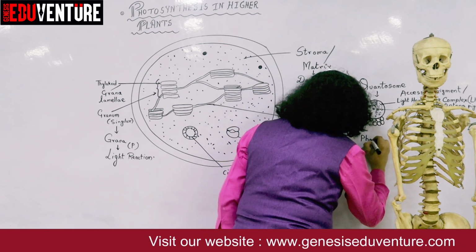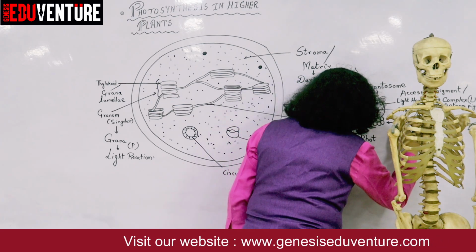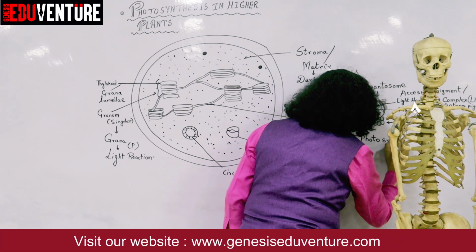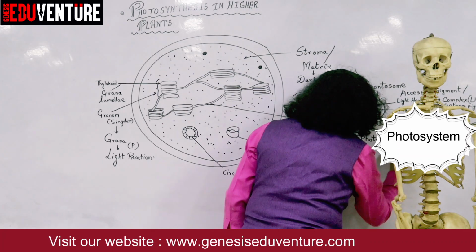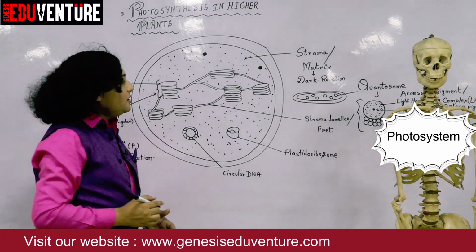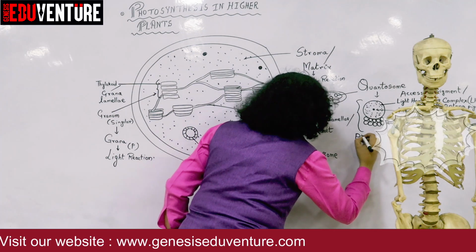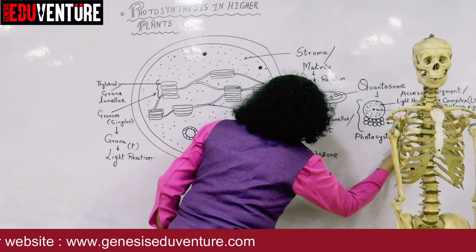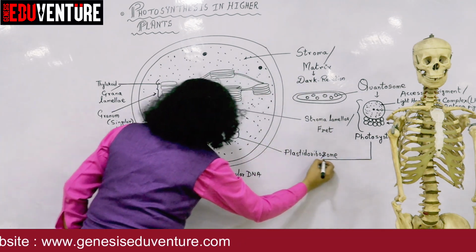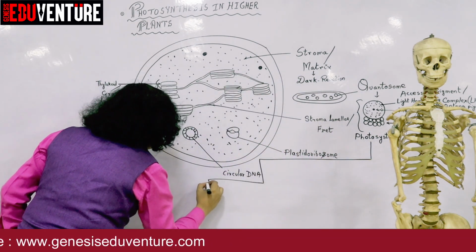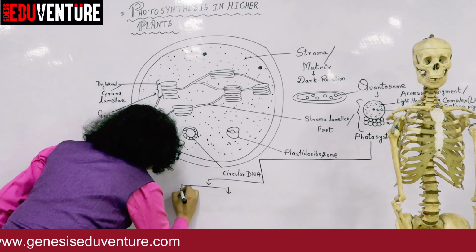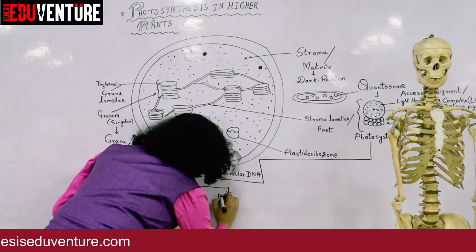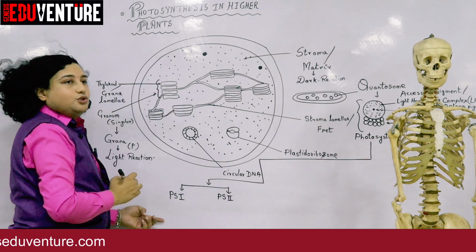They are known as photosystem. So these are the proteins. And there are two types of photosystem. One is photosystem 1, which we can refer to as PS1, and another is photosystem 2 or PS2.